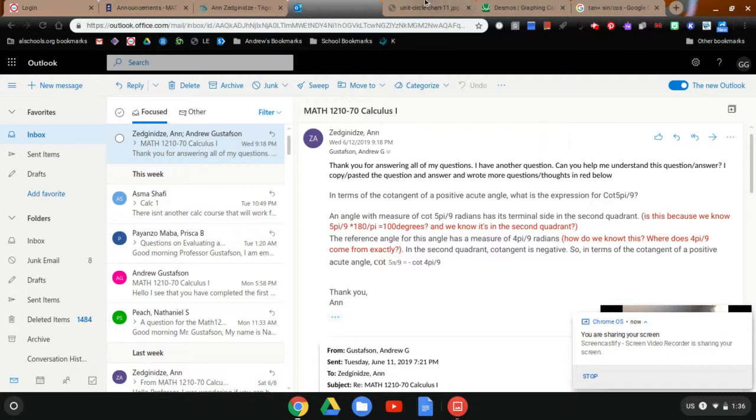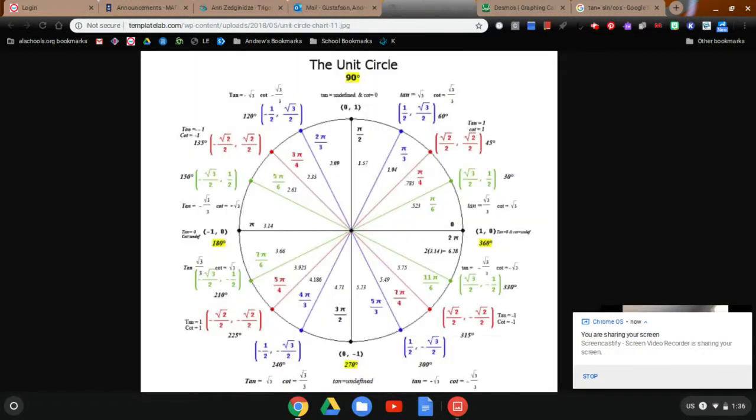So I'm going to point you to this image here. This is the unit circle. There are lots of images out there of the unit circle. This is certainly not the best one, but it's here. So on the unit circle, hopefully you can see my cursor here, you can start at 0. If you go counterclockwise around the circle, you can look at that in terms of degrees.